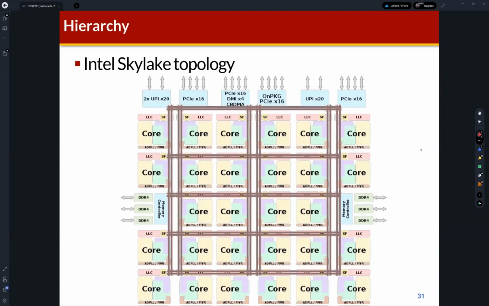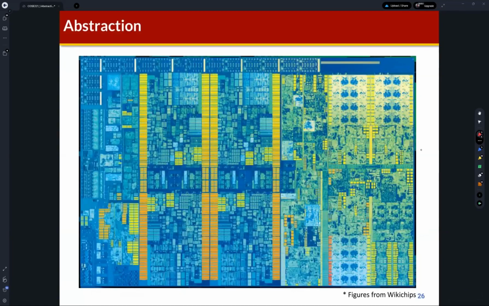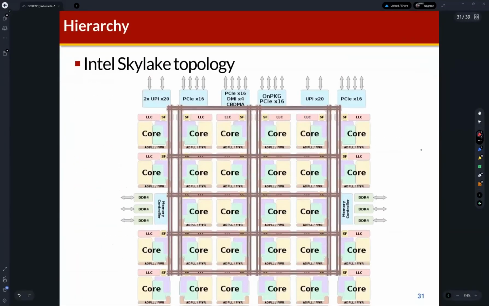So actually, if we look at the die of the CPU, it looks like this. Inside this CPU is the architecture of the Intel Skylake topology.